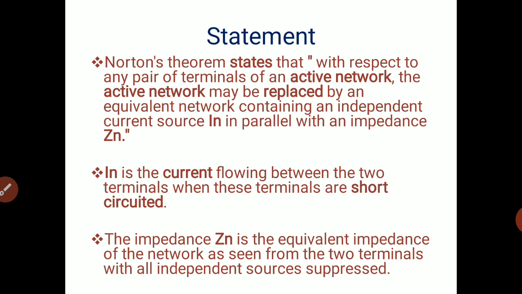So any electrical network can be replaced with an equivalent impedance, the Norton impedance Zn, in parallel with the Norton current source IN. So the entire circuit can be replaced by both parameters put in parallel with reference to the load.